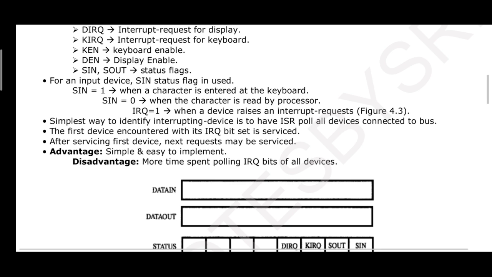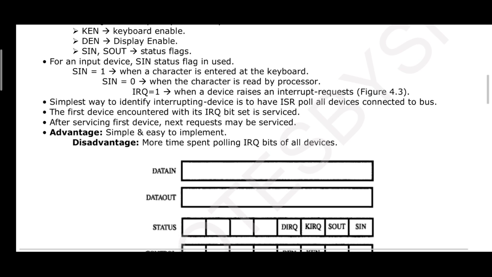It will identify some data is entered by the user in buffer, and it is stored in the keyboard buffer register DATAIN. So data will be transferred from DATAIN into processor register, right? So once the data is transferred, SIN will reset to 0.